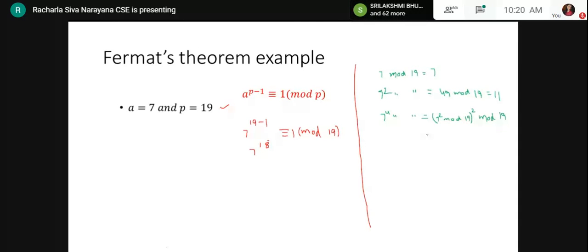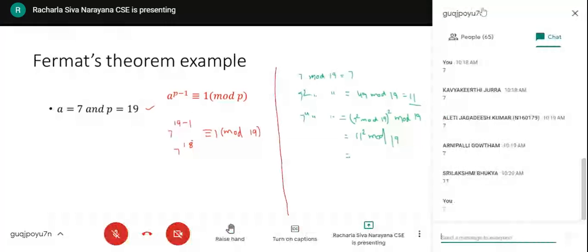We already know 7 square mod 19 is 11, so 11 square mod 19. 11 square is 121, so 121 mod 19. 19 sixes are 114, so 121 minus 114 is 7.